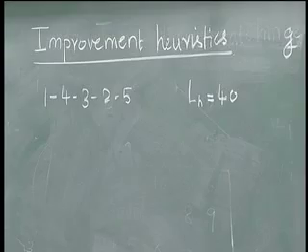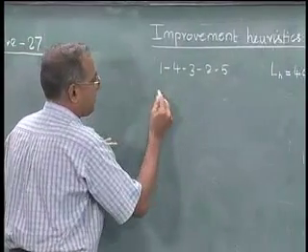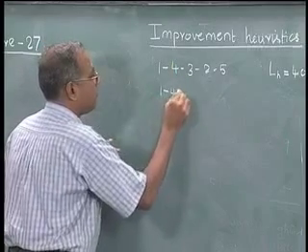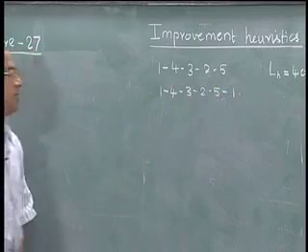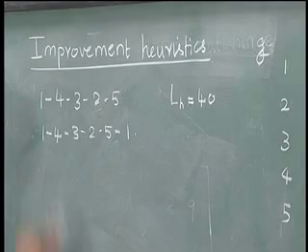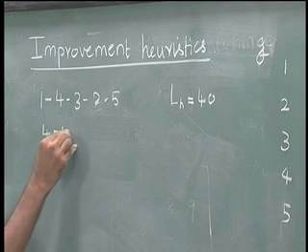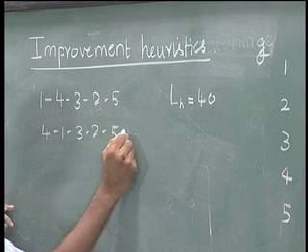So, the first thing we do is called an adjacent pairwise interchange. When we do an adjacent pairwise interchange, I first swap just these two. So, I swap these two and I get 4 1 3 2 5, which means I will come back to 4.